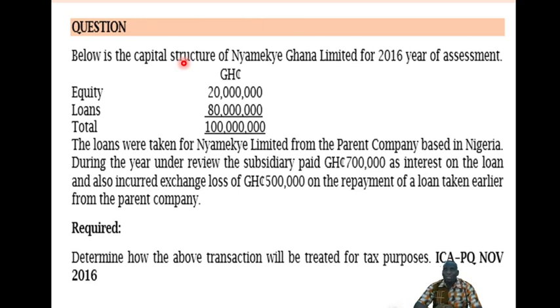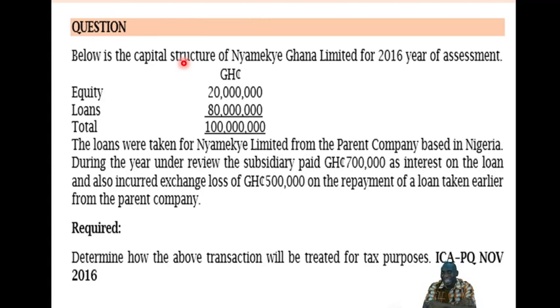So we have equity 20 million, loans 80 million, total 100 million. The loans were taken by Nyamiche Limited from the parent company based in Nigeria.